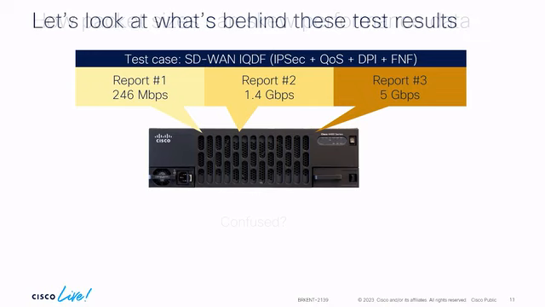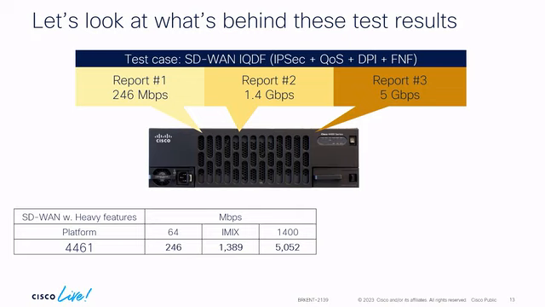Fact is this, if you look at what's behind those numbers, you look at different packet sizes. The smallest packet size we measure, we got 246 megs. The mid-size and the mixed packet size, IMIX, averaging 362 bytes, got 1.4 gigs. And the highest packet size, max packet size, got 5 gigs.